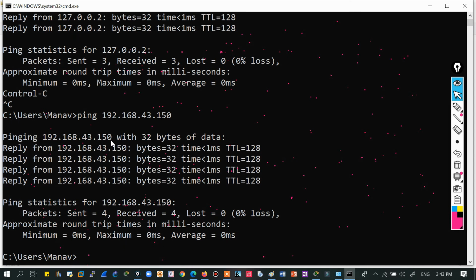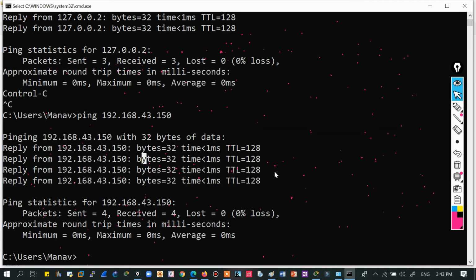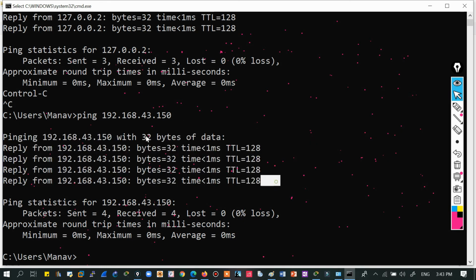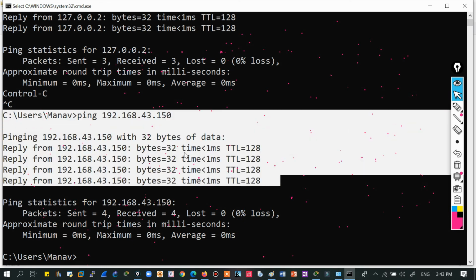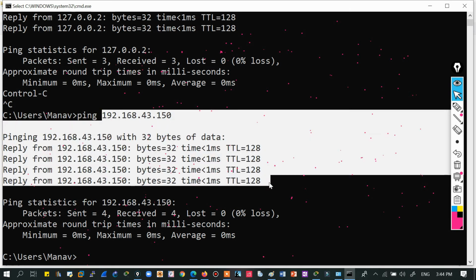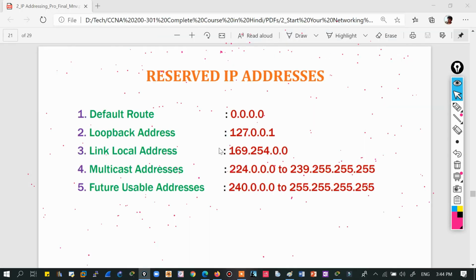If there is no reply, it means your LAN card is faulty, you need to change it. So there is a difference between LAN card testing and loopback testing. Loopback deals with your TCP/IP stack software part, and this self IP ping deals with your hardware NIC part. So this is reserved for default routing, and 127 is reserved as the loopback address.